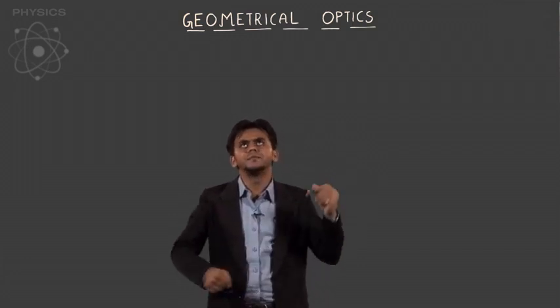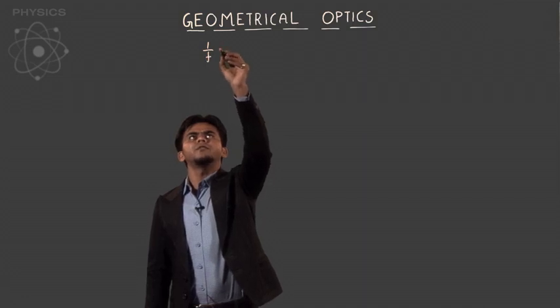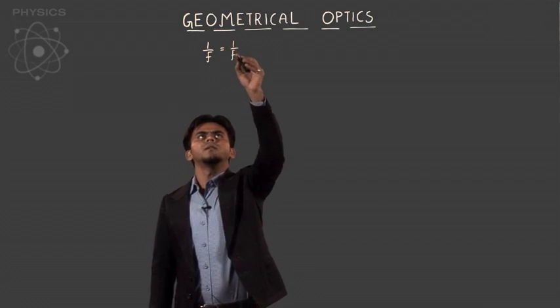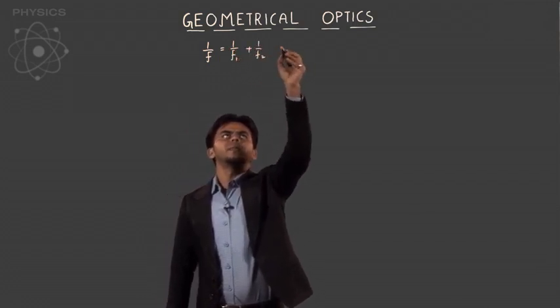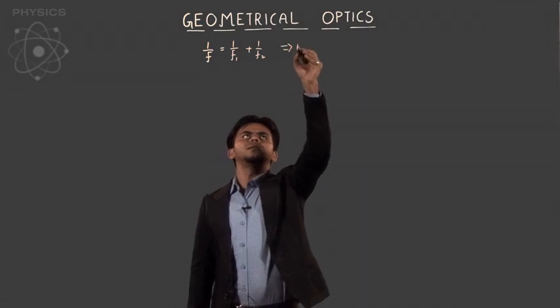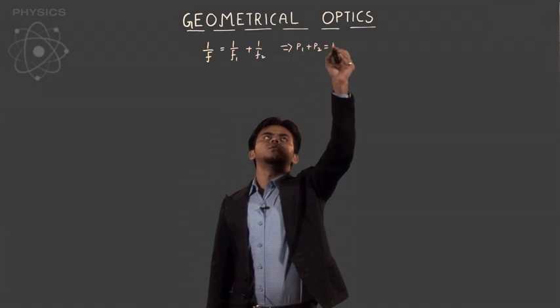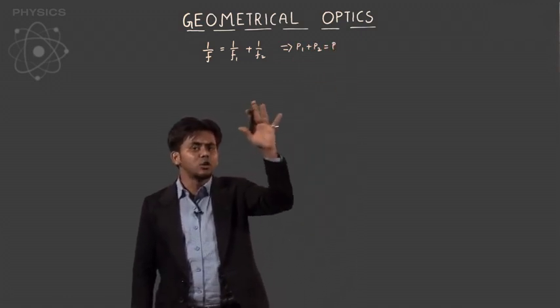I'll read it for you. 1 by f resultant is equal to 1 by f1 plus 1 by f2. This can be also written as P1 plus P2 is equal to P. But this is for lenses in contact.